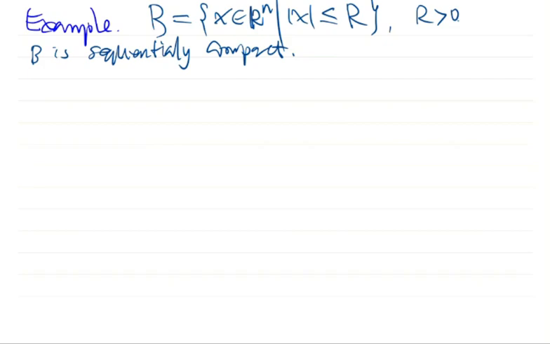This is easy because this B is bounded and closed. Why is it bounded?